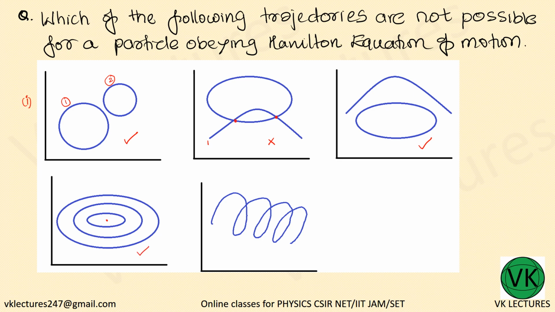Now here the single trajectory is intersecting at 3 different points, so this is also not possible. So this is the second one, third, fourth and fifth. Here the second and fifth are not possible because they intersect.